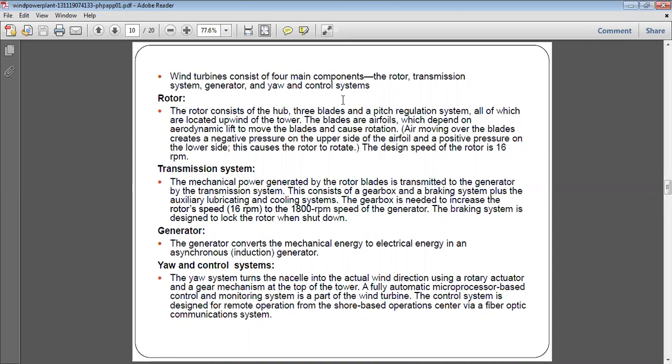The transmission system consists of a gearbox, a braking system, plus an auxiliary lubricating and cooling system.